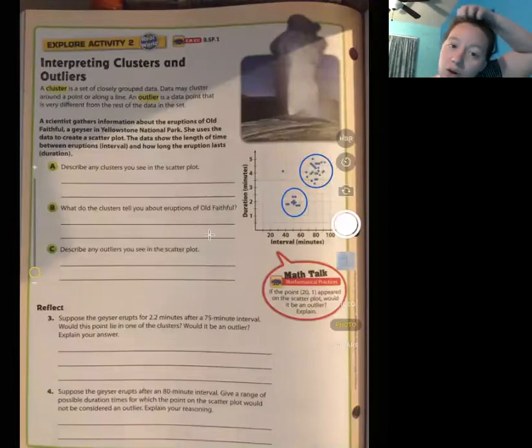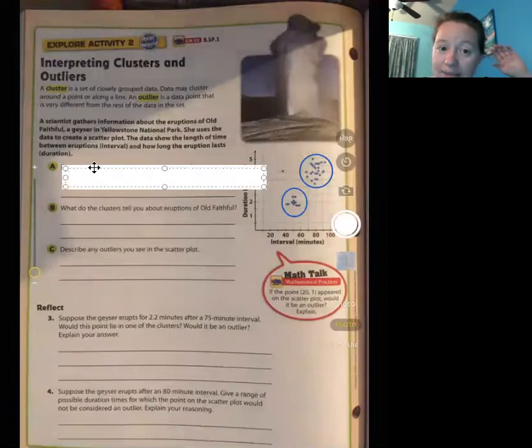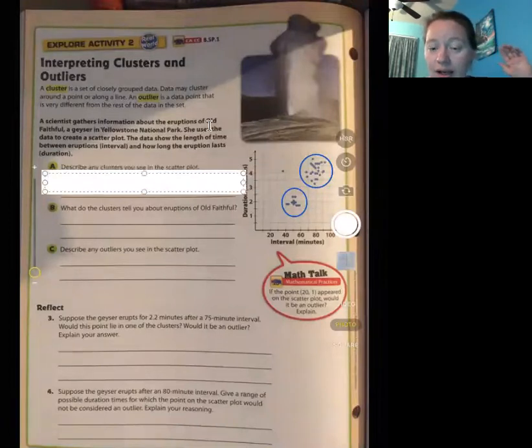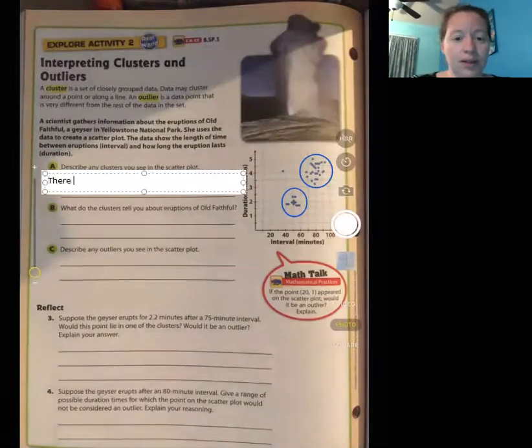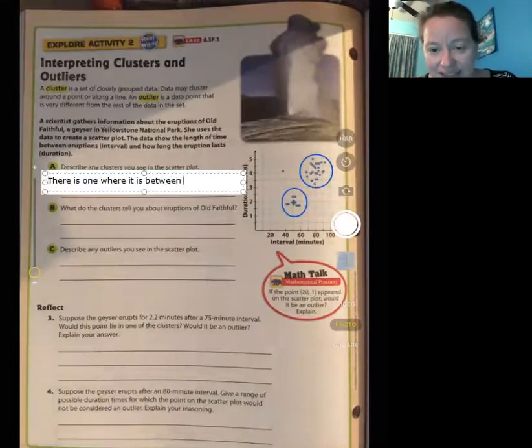So let's see, what are our clusters? How can we describe that? There is one where it is between 40 and 60 minutes.